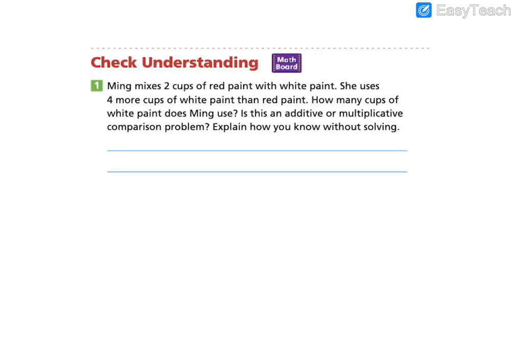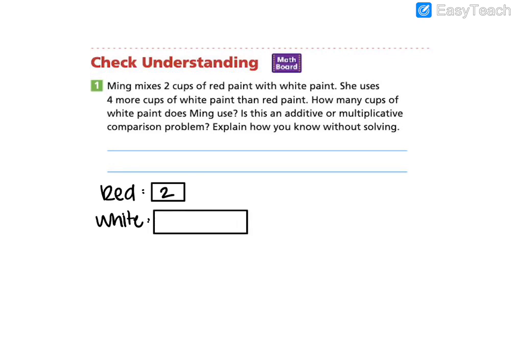And it's actually asking us to explain how we know without solving it. So let's think about this. We have Ming and the red paint and the white paint. Okay, Ming is going to use 2 cups of red paint. Do we know how much white paint Ming uses? We don't, do we? But we know that Ming will use 4 more cups of white paint than of red paint.